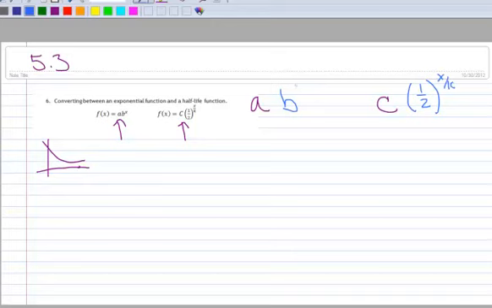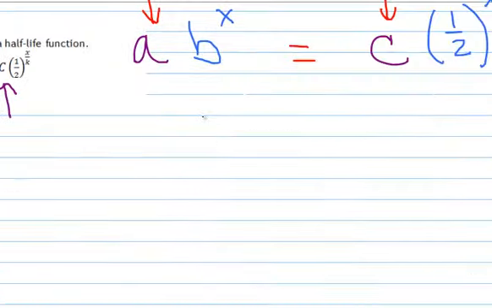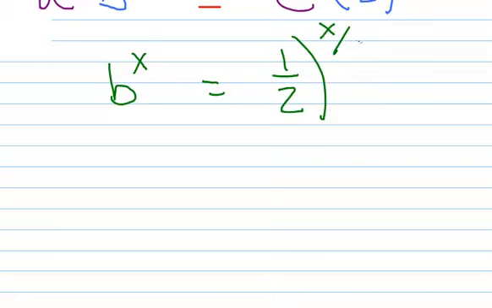And I want these things to be equal to each other. The A is the starting amount, the C is the starting amount, so I don't really need to concern myself with that. What I need to concern myself with is this b to the x somehow equaling 1/2 to the x over k.